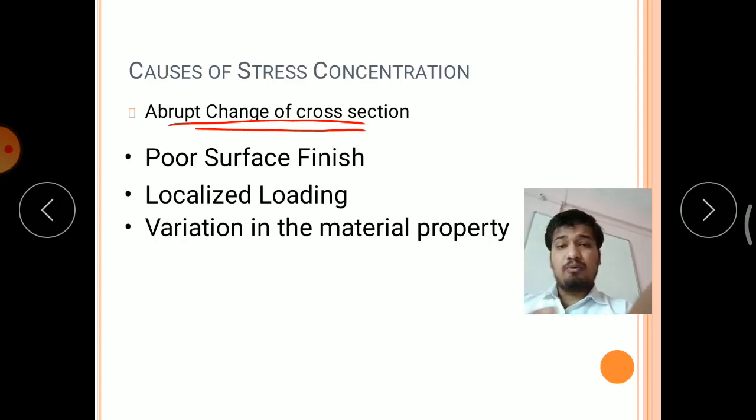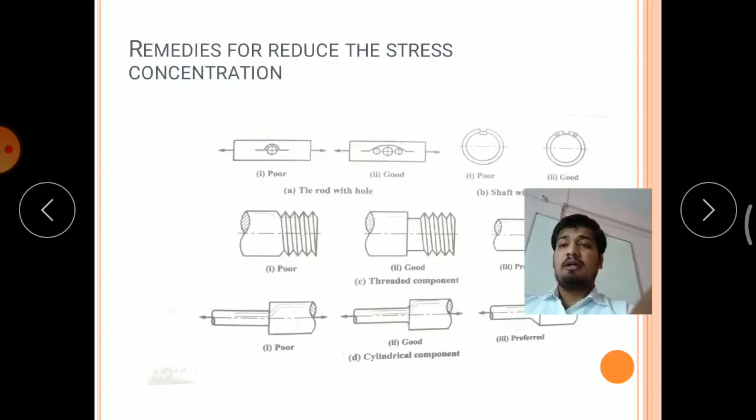And we have to reduce the stress concentration, and for that purpose we have some remedies. These remedies are very important, because in the examination you can get two questions on the same point. The first one is: explain stress concentration.